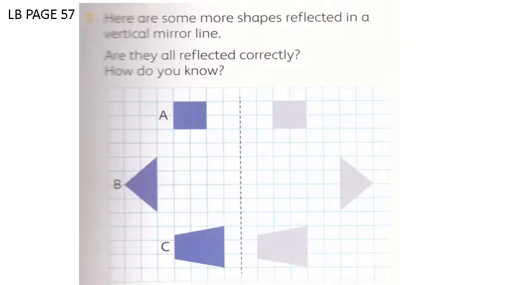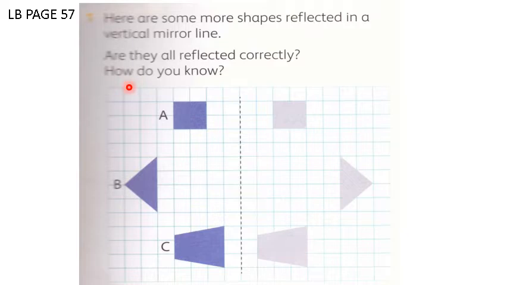Okay, this is the exercise from page 57. Let's read the question together. Here are some more shapes reflected in a vertical mirror. So, reflected in a vertical mirror, this is the line of reflection, or the mirror line. And we have these shapes here, A, B, C, and you have to decide, are they reflected correctly?